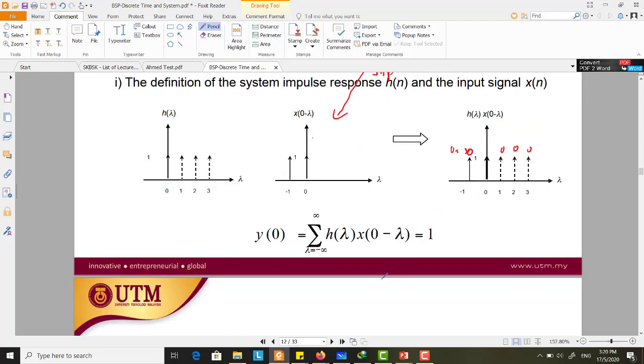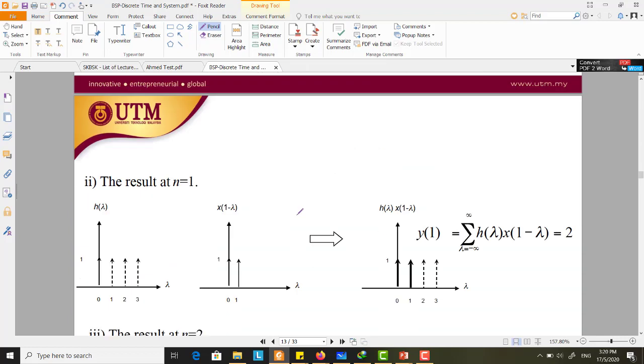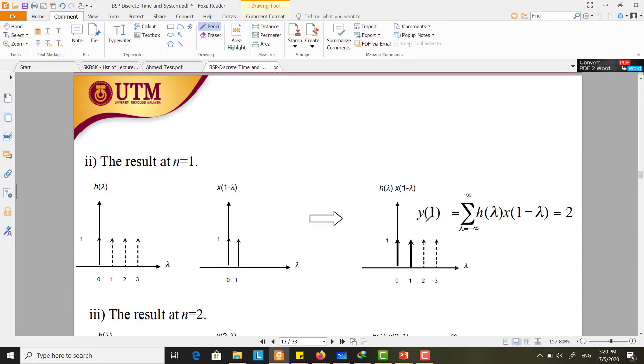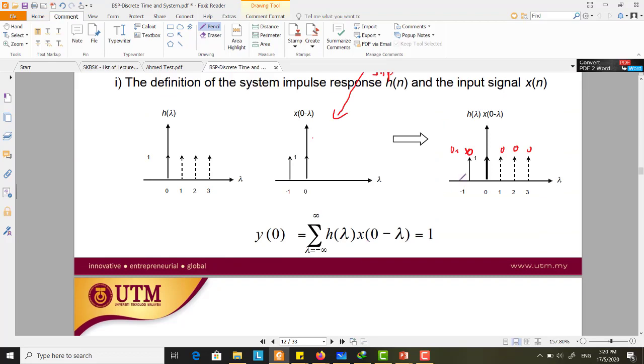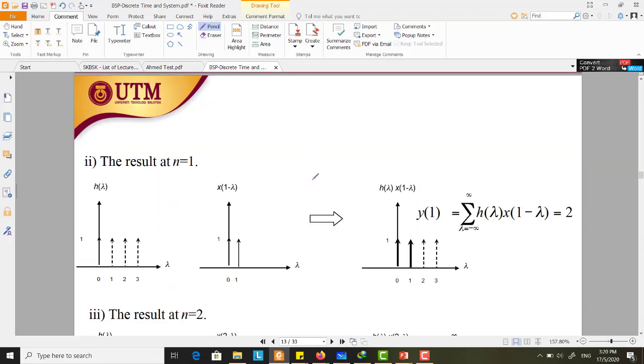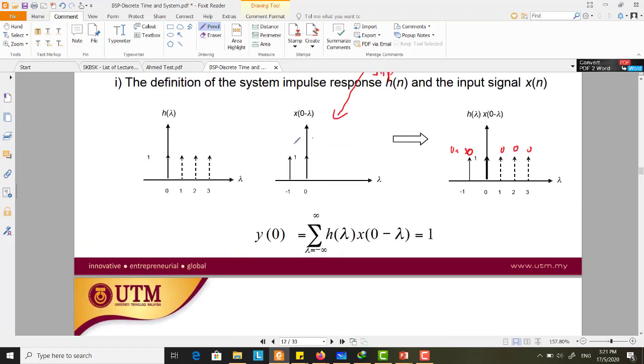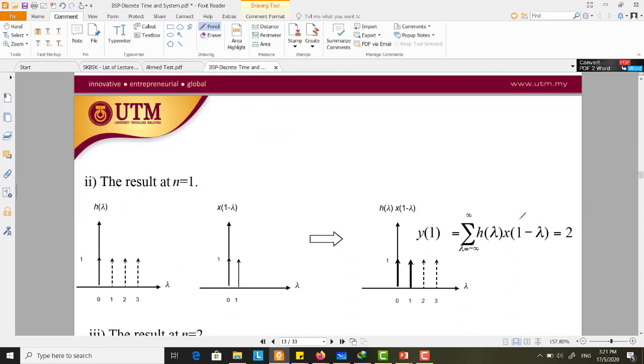And then the next stage, you need to find y when your n equals 1. So at that time you need to translate this one. You can see that you need to translate the xn there. Originally it was at this side, and now you are translating it into this one. Let me draw it again.